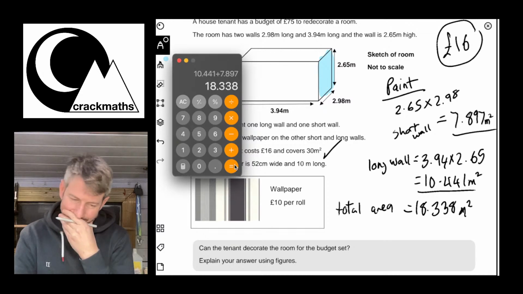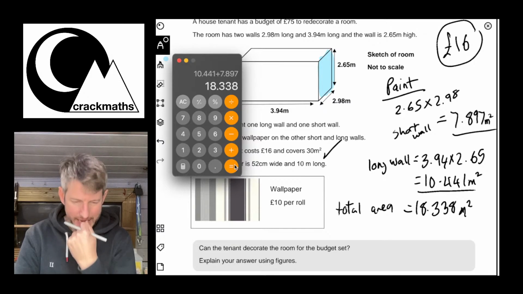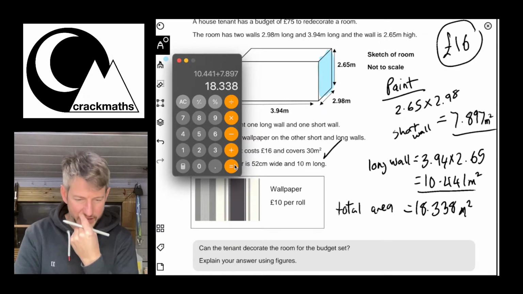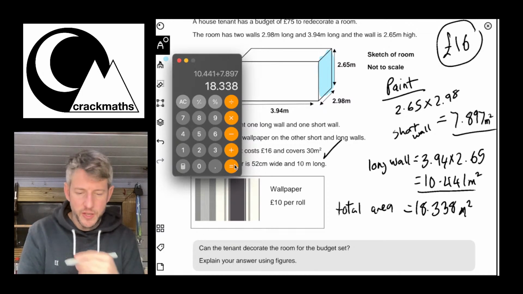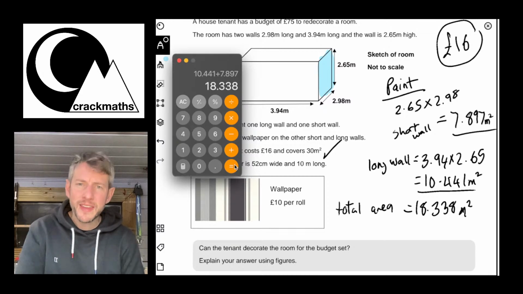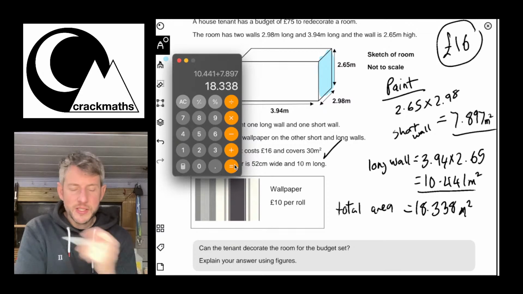Well, I guess, could we do it by just calculating the area? I don't know if we can. Maybe we can. It seems like the lazy way to do it. But in fact, yes, we can, because you can cut wallpaper up and stick it as you will. So let's do it that way.